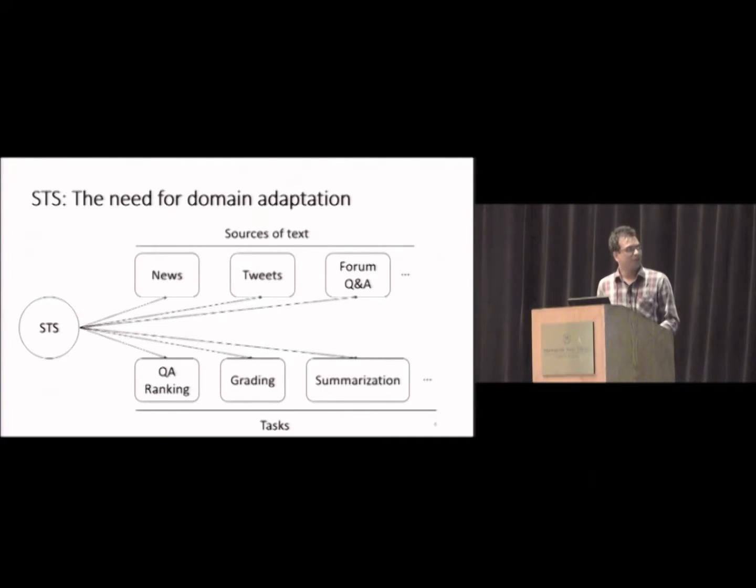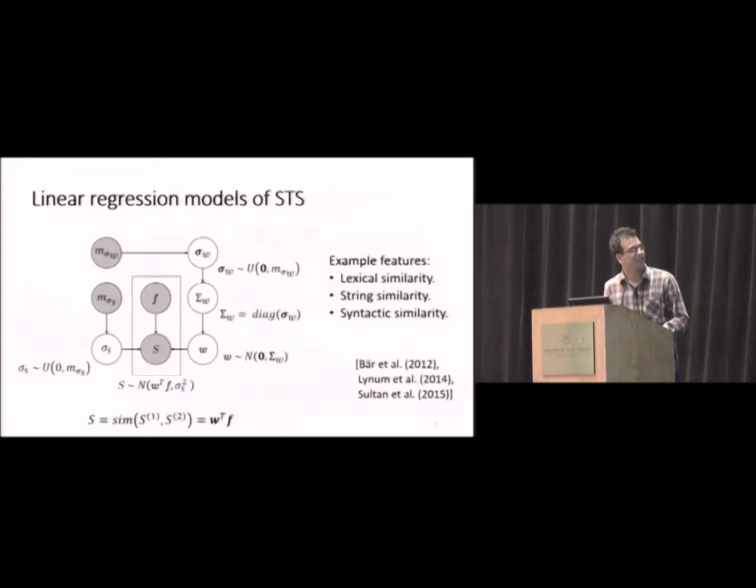So we wanted to build a model that can learn from annotations from all these domains, but can still fine-tune its behavior to a given domain, given some annotations from that particular domain. I'll explain in a while, but before we go there, let's first see the Bayesian linear regression models that we then later extend for domain adaptation.